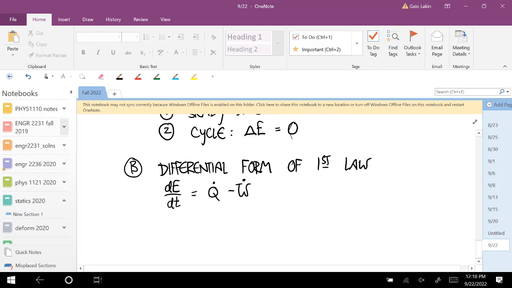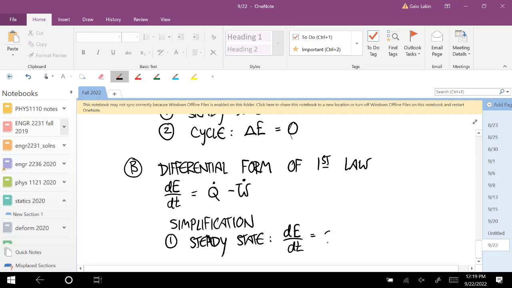And the one common simplification for this one is if it's in steady state, the time derivative of the energy, the system energy, is 0.